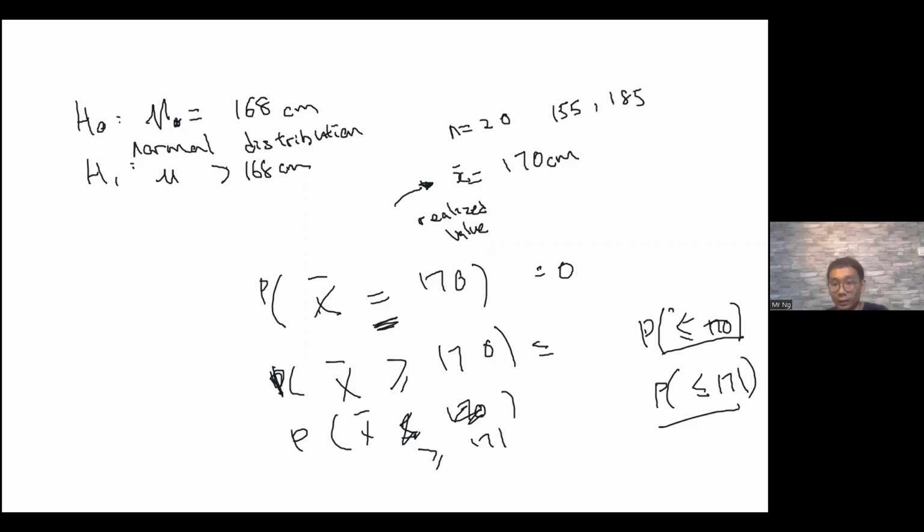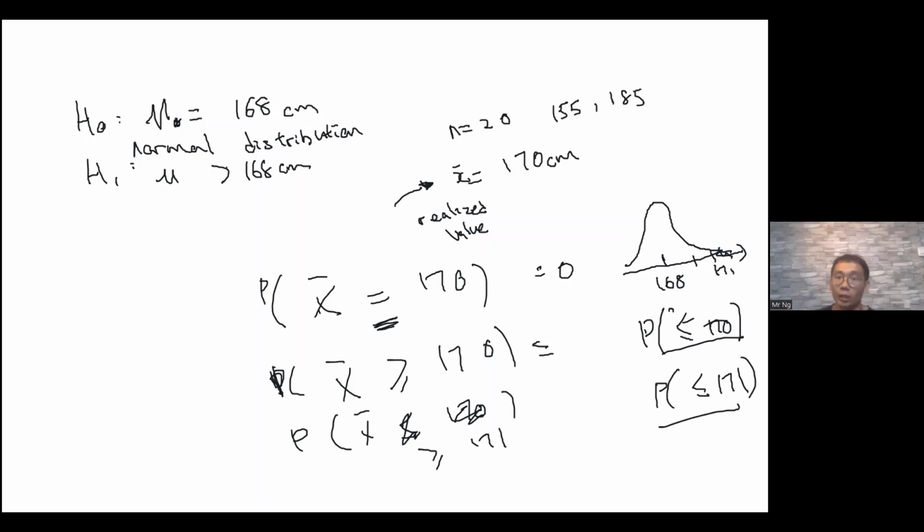Why is this more, why is this less? It's because your center is here, 168. That's why 171 has a lesser probability.